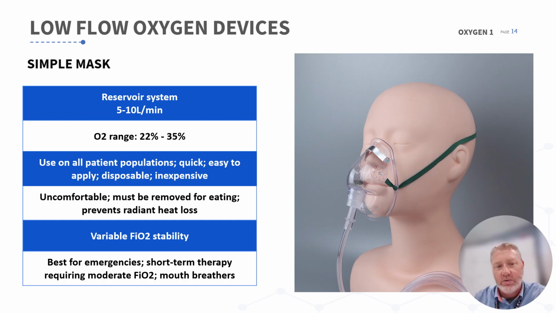Usually you set the flow somewhere between 5 and 10. You get a marginal FiO2 range, usually up to around 35%. It's quick, it's easy to use, it's disposable, single patient use, but it is variable in terms of the FiO2 delivered, and it is not in any way a high flow device.